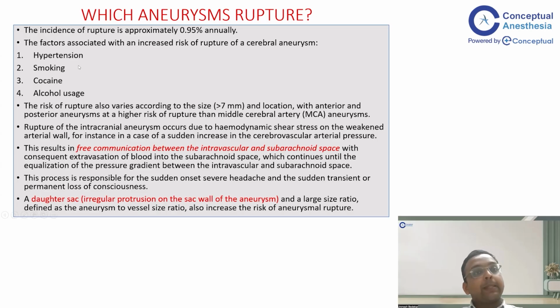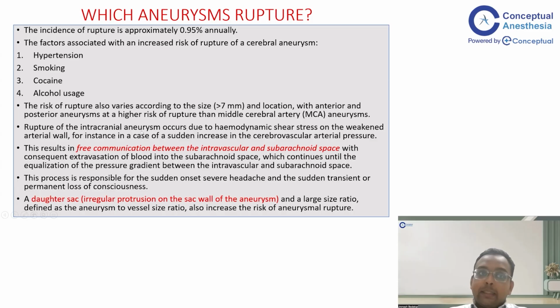And as we have seen, smoking, hypertension, cocaine abuse, and excessive alcohol usage all lead to increased risk of rupture. The risk of rupture also varies according to the size, maybe a giant aneurysm or more than 7 mm, and the location. Anterior and posterior aneurysms are at a higher risk of rupture than the middle cerebral artery aneurysms.